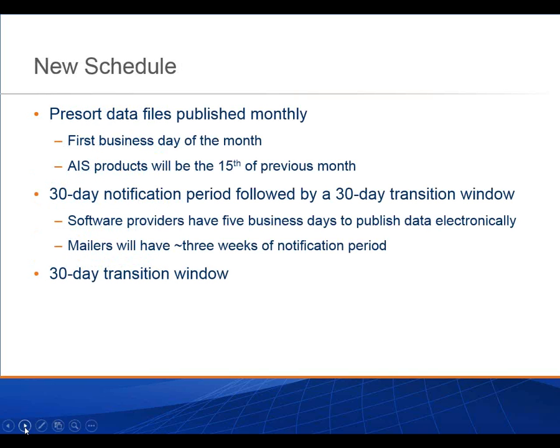All right, so let's take a look at the new schedule. The new schedule is going to start in September. We'll get into a little bit more detail, but previously the Postal Service had planned to move to monthly updates in July, but the Postal One release has been pushed from July to what they're referring to as August, September, because it deploys at the end of August and goes into effect at the beginning of September.